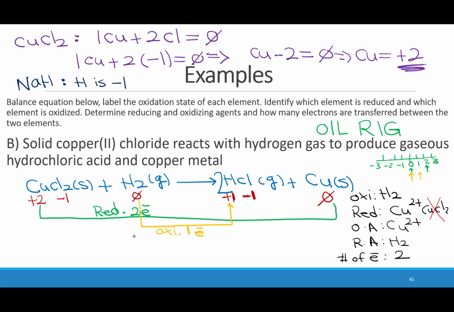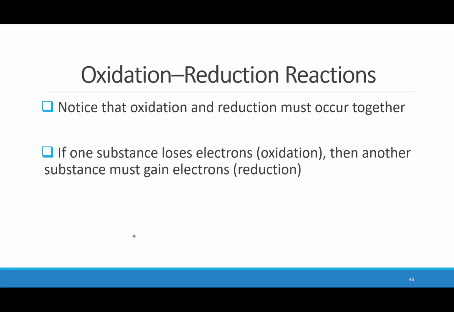Redox reactions happen at the same time. One of the reactants becomes oxidized, the other reactant becomes reduced. Because when one of the reactants is losing electrons, something has to gain those electrons. That's why it's the second reactant. Once it gains those electrons lost by the first reactant, it itself becomes reduced.